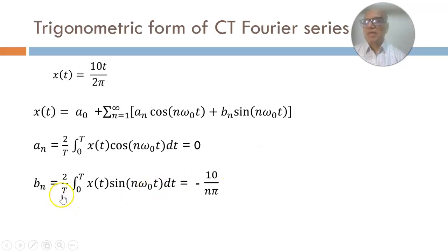Then if you calculate b n by using its equation after substituting for x(t), you will get the expression minus 10 upon n pi.